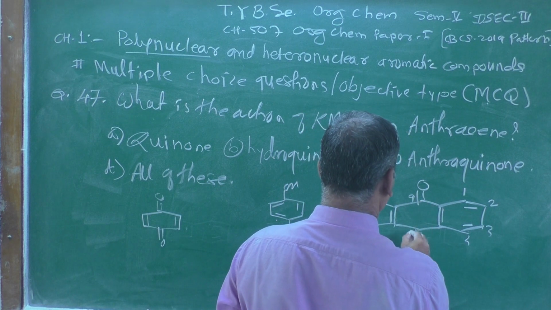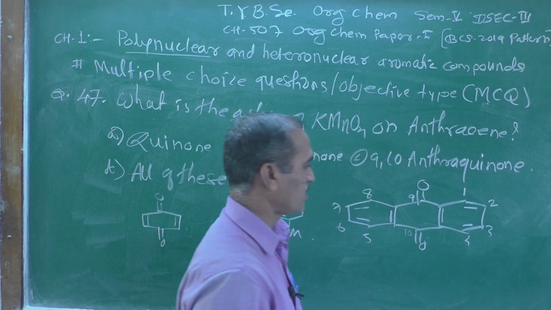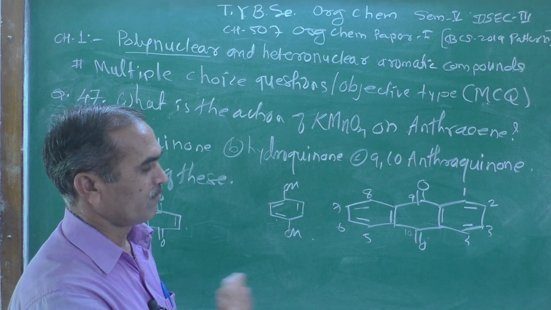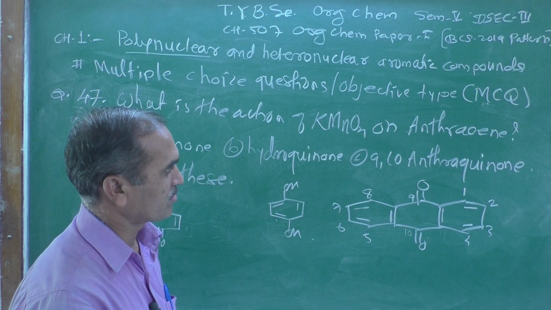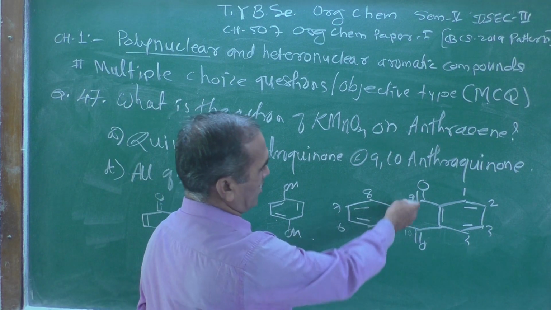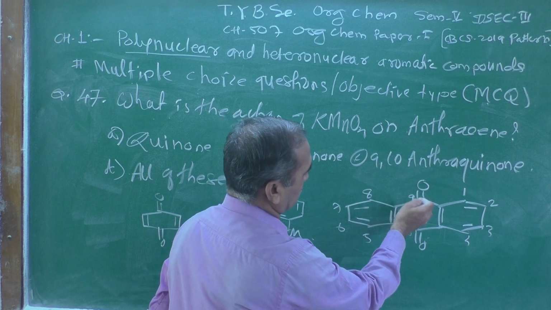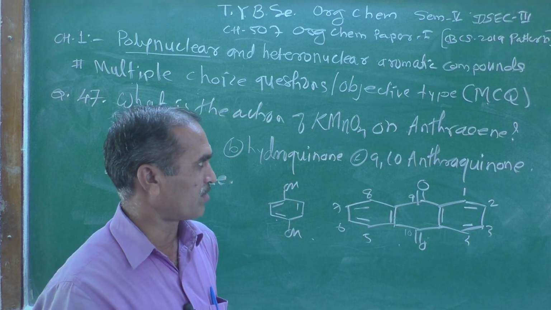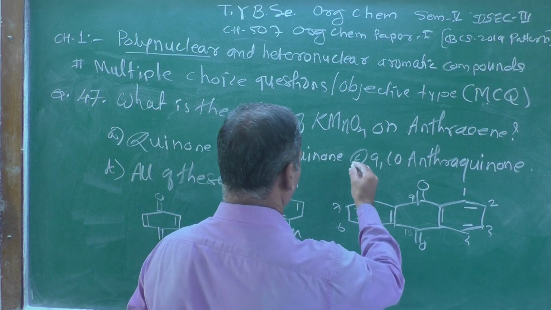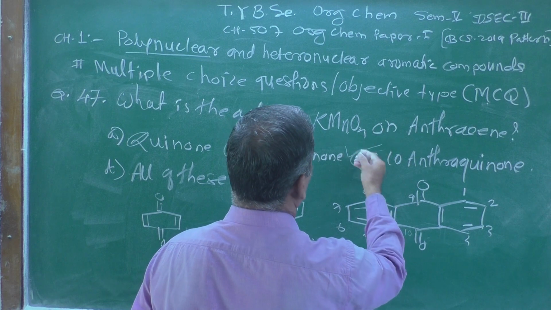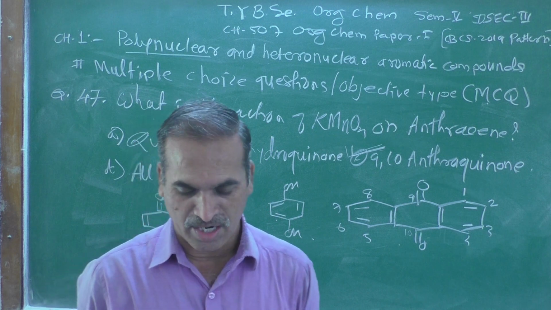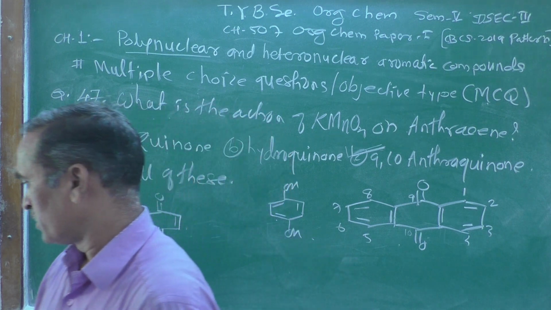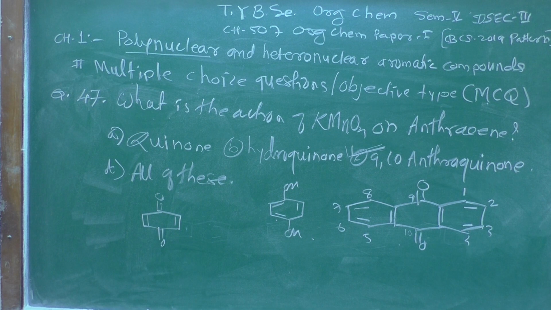This is 9 and this is 10. That is the traditional numbering system in anthracene. At the 9 and 10 positions carbonyl groups are present, and therefore the right answer of this question is this one, 9,10-anthraquinone.